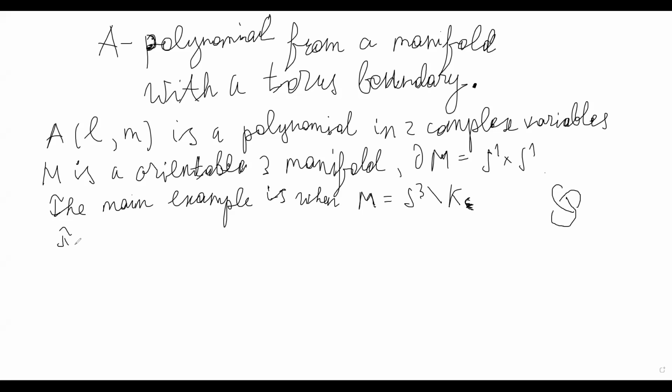So pi1 of the boundary, of course, is Z squared, because it is the fundamental group of a torus, and for the further constructions we need to choose the generators in this Z2. For an arbitrary manifold, we need to specify the generators.